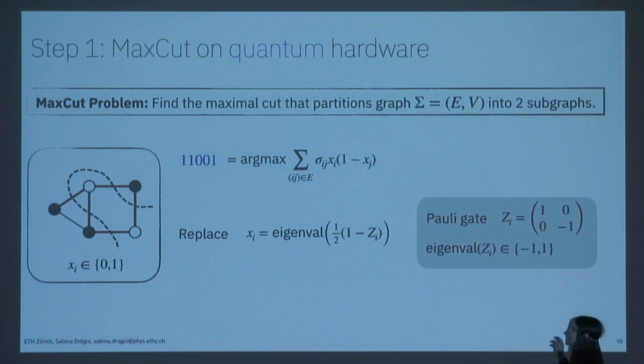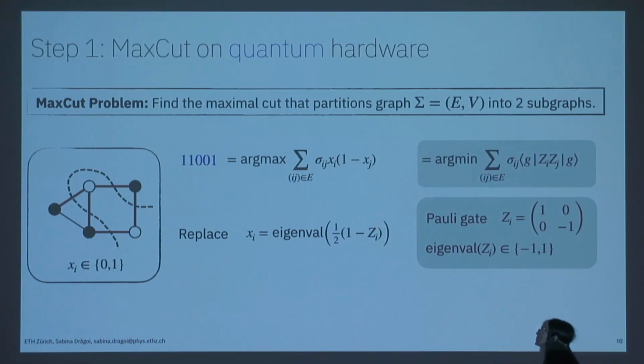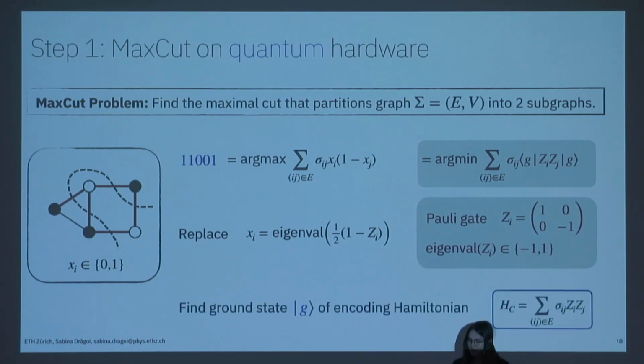When I say Pauli gate, it means it's an operator that we can apply on the actual quantum hardware, the same way one could apply an XOR gate or NOT gate on a classical computer. And then just plugging in x_i with this value in the expression above, we can map the argmax problem onto an argmin problem. Without going much into the mathematical details, this basically means that we want to find the ground state of this encoding Hamiltonian.